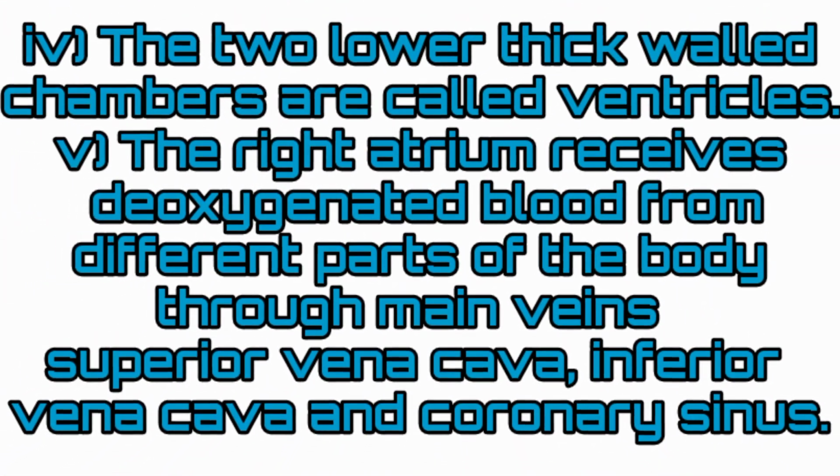The two lower thick-walled chambers are called ventricles. The right atrium receives deoxygenated blood from different parts of the body through main veins, superior vena cava, inferior vena cava and coronary sinus.